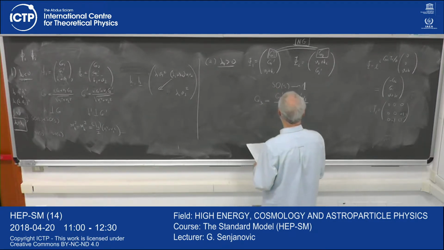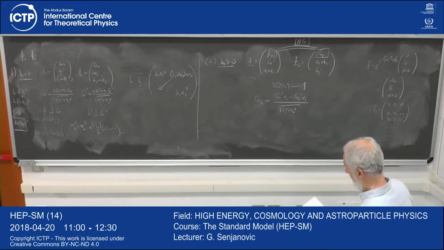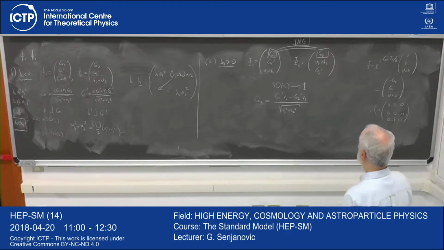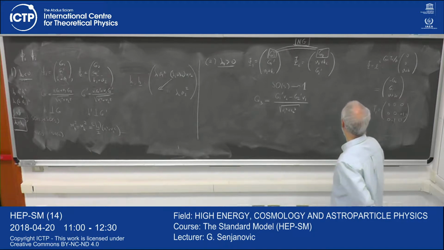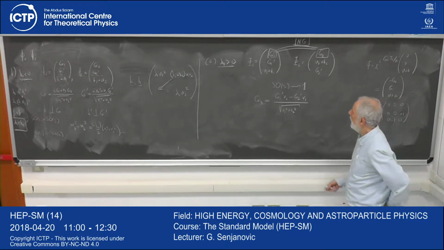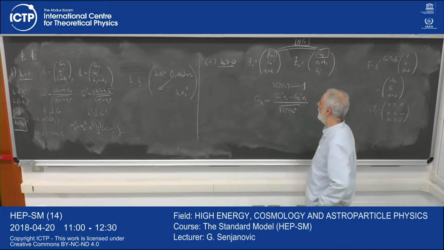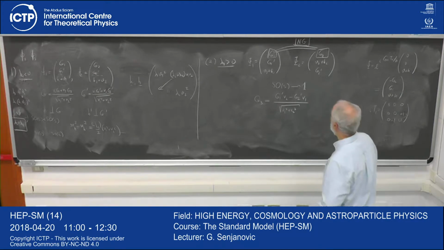Does this look suspicious to you? Where is the 3? What is it? It is a Nambu-Goldstone boson. Right, G1, G2, and so the third guy I call G3. I don't like what I wrote.